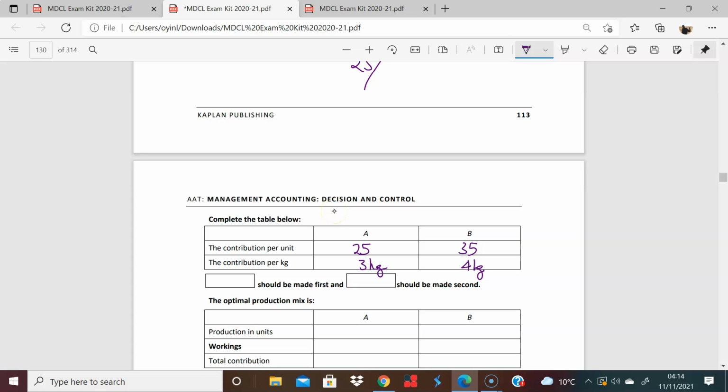So 25 divided by 3 is 8.33. So we have 8.33 pounds per kilogram. And then we have 35 divided by 4 is 8.75 per kilogram.